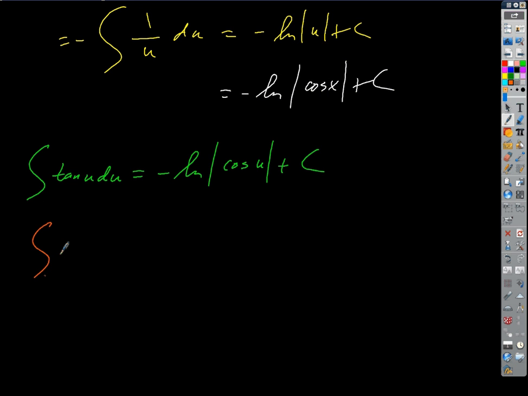Anybody want to make a guess? Just natural log absolute value of sine. Good, you're going to get positive natural log sine u plus c. Everybody agree? Okay, 30 seconds. That's probably a good place to end then. Man, we packed a lot of math into half an hour there.